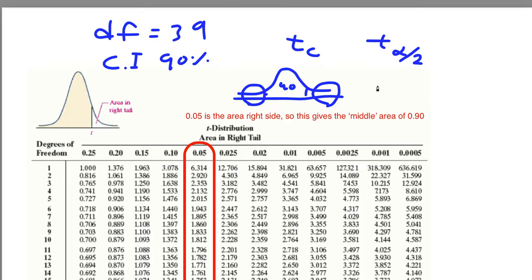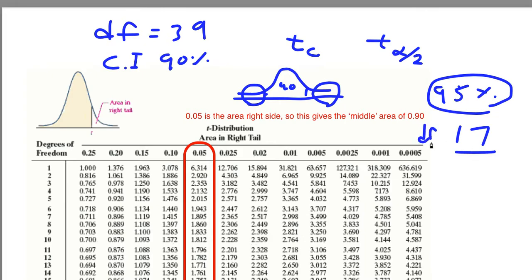Let's do maybe one more example. Let's say we're trying to do 95%, and degrees of freedom, let's say, is 17. That's the degrees of freedom, which means the sample size is 18, right?